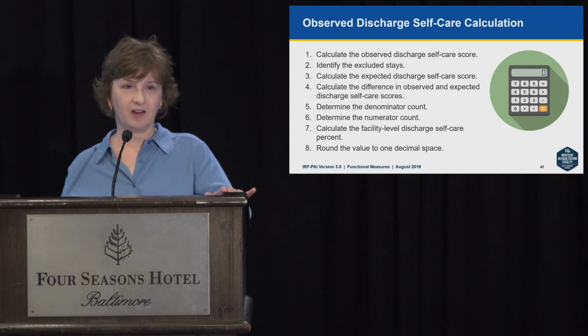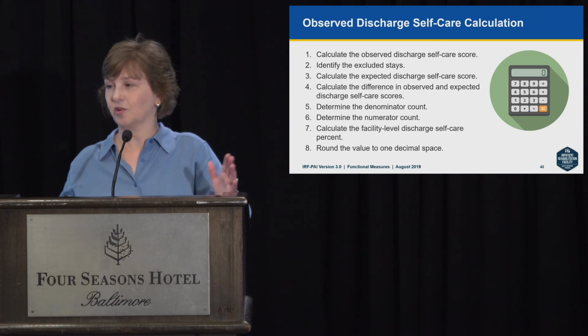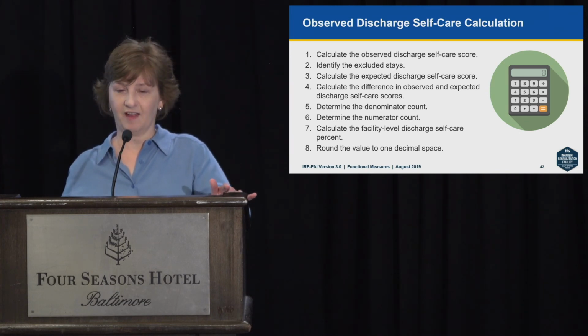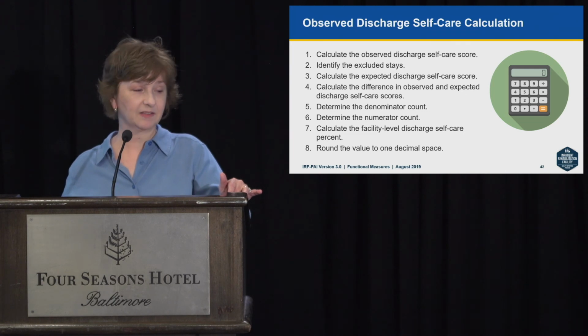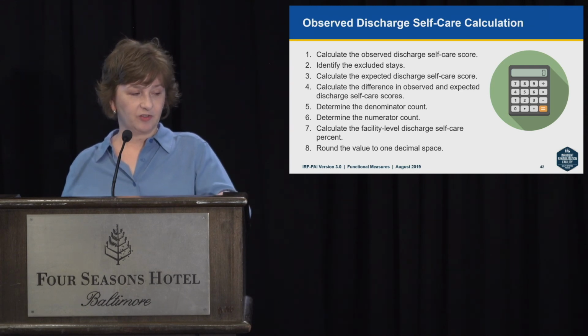For self-care there are 7 activities. If somebody got coded a 1 on each of those activities, the total score for self-care would be 7. If somebody was coded a 6 on each of the 7 activities, the total score after recoding would be 42. So the range can be 7 to 42 for the discharge score.